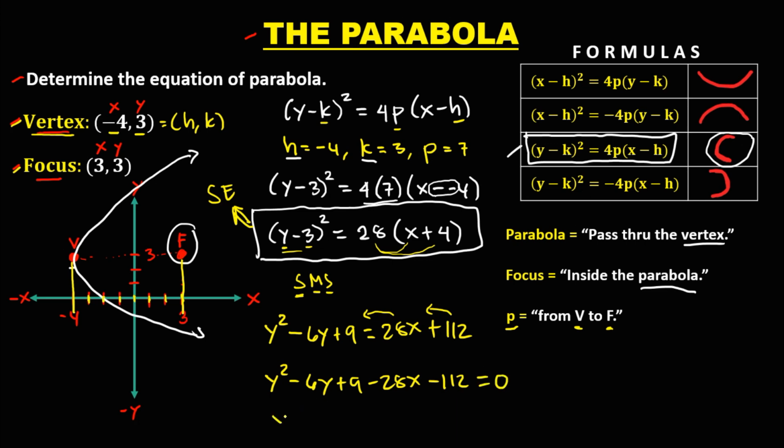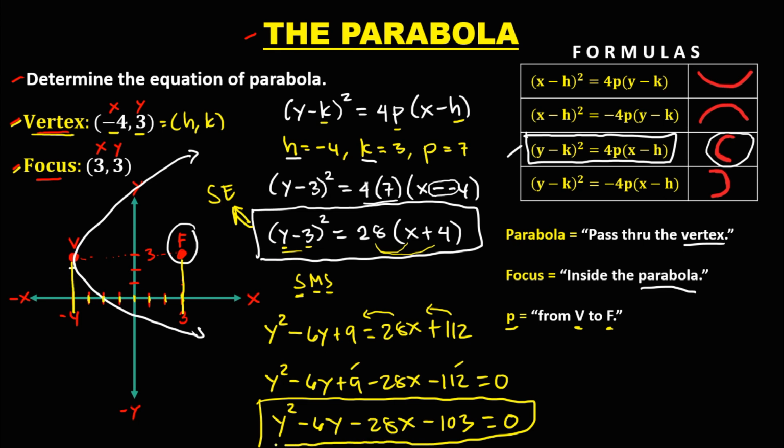Then we have now y squared minus 6y minus 28x, and this positive 9 minus 112, that's negative 103, then equals 0. So this is now the general equation of this parabola.